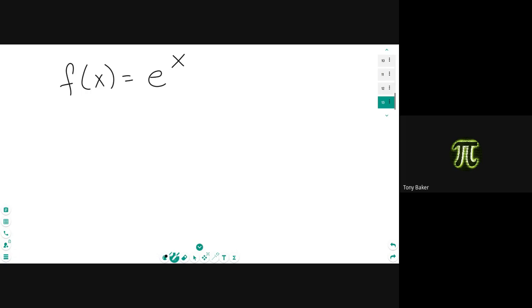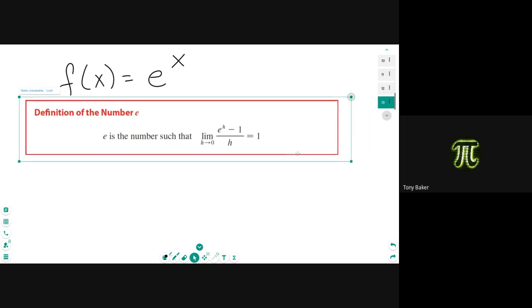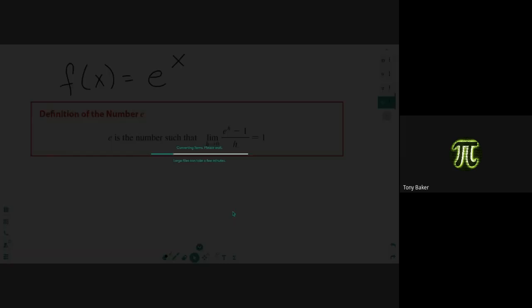I'm not going to go through the entire rule, but that is actually the definition of the number e. That comes up later on, so knowing that is kind of important.